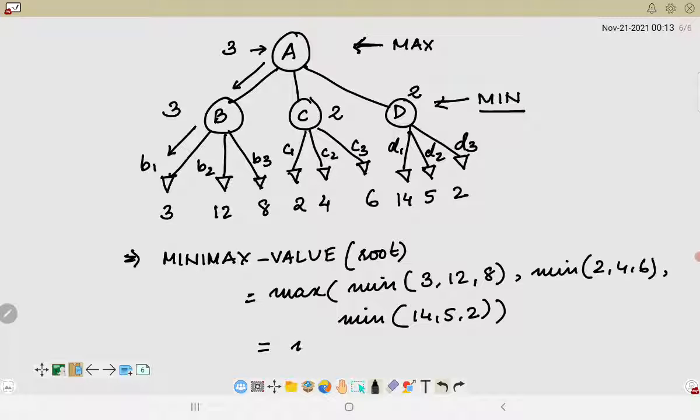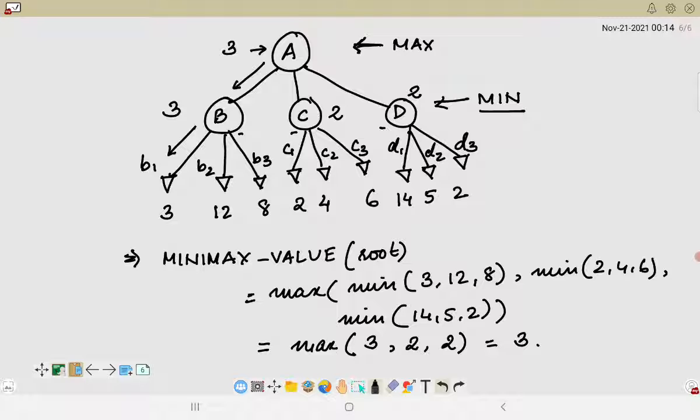Representing this, the minimum of 3, 12 and 8 is 3, the minimum of 2, 4, 6 is 2, and the minimum of 14, 5, 2 is 2. So what we get is 3. This is how we can solve this problem using the standard minimax algorithm. When solving with minimax, we search each and every node belonging to B, C and D, so the complexity is higher because each node has to be explored.